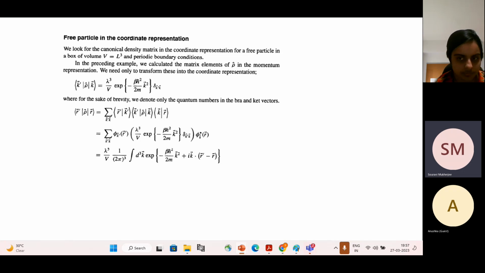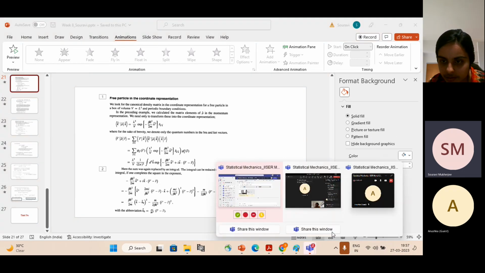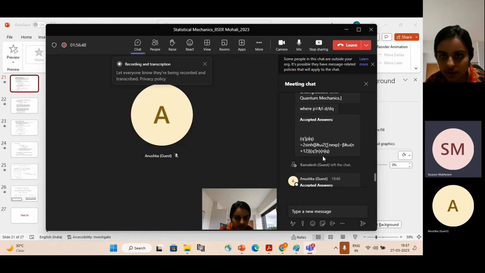Yes, ma'am. I think I understood. Yeah. Actually, I can't write it here because it would be an elaborate expression. So see, e to the power minus beta h cut omega by 2, 2 sine hyperbolic beta h cut omega by 2. So 1 by Z was in the denominator of rho, right?